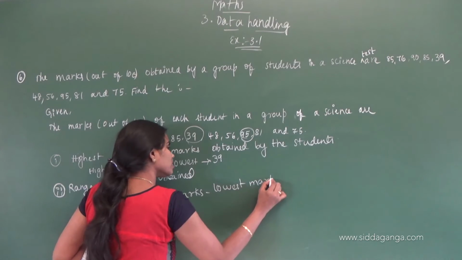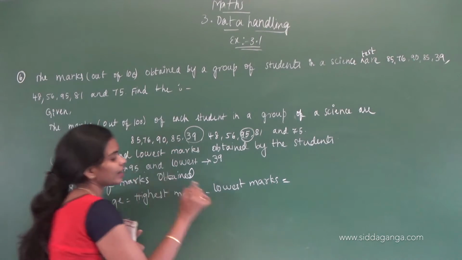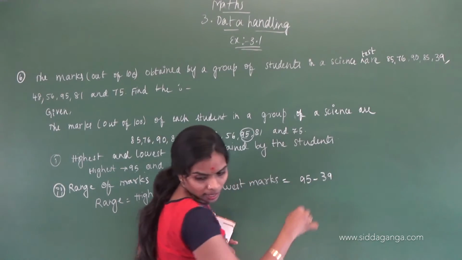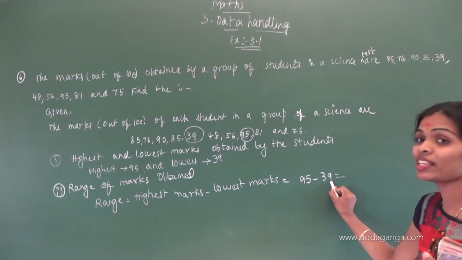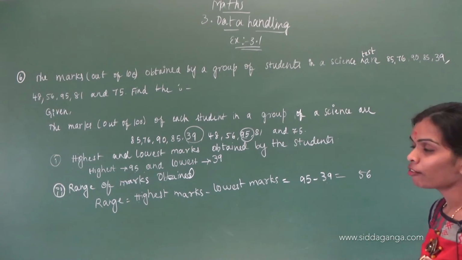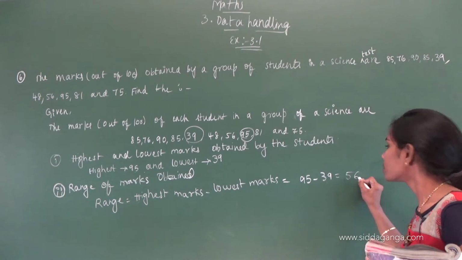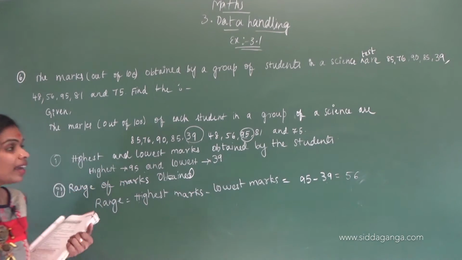The highest marks is 95, minus the lowest mark 39. 95 minus 39 is 56. 56 is the range of the given students' marks in science.